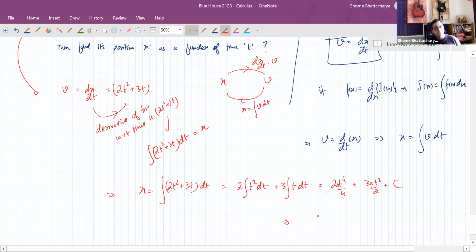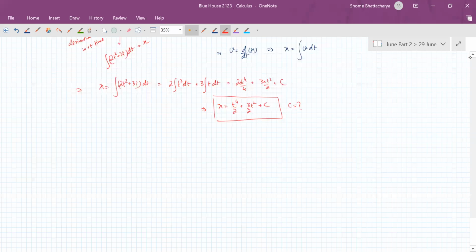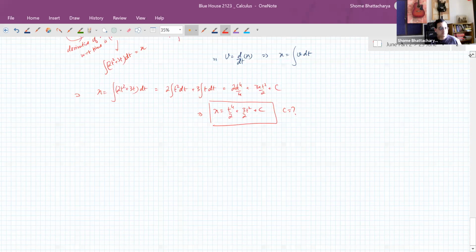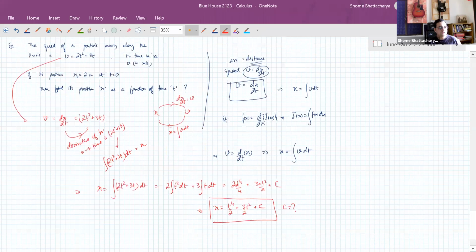We'll get x as t to the power 4 by 2 plus 3 by 2 t square plus some constant. The constant is an unknown term right now. How will we get its value? By using the other part of the statement given to us. It is given that x's value is 2 at t equal to 0. We'll make use of this statement now.